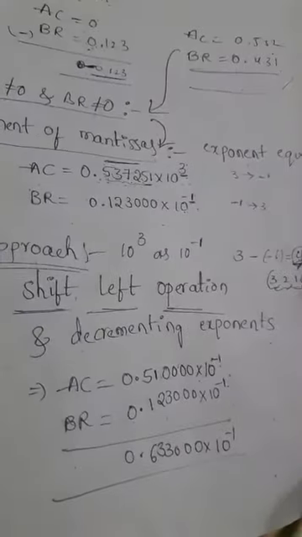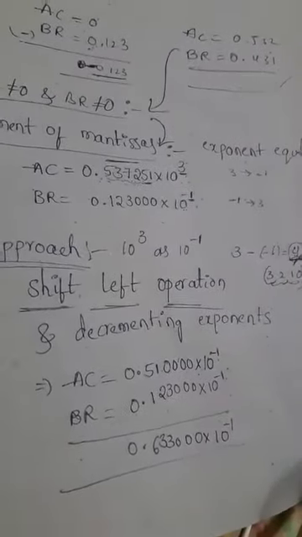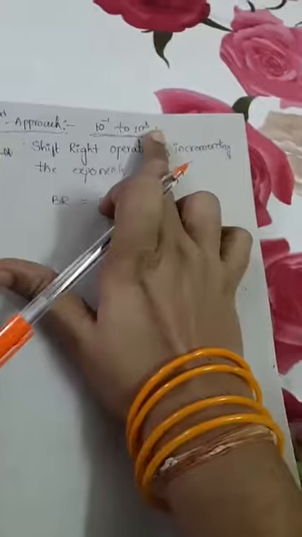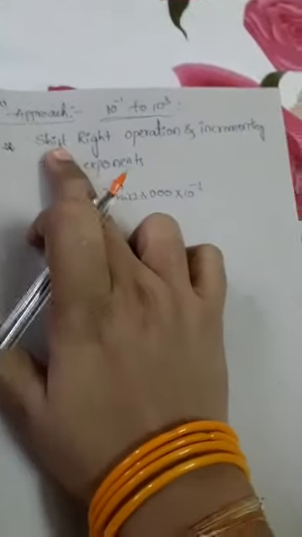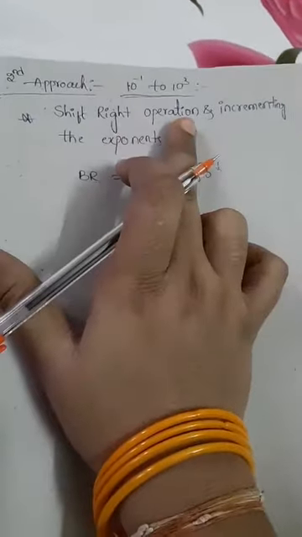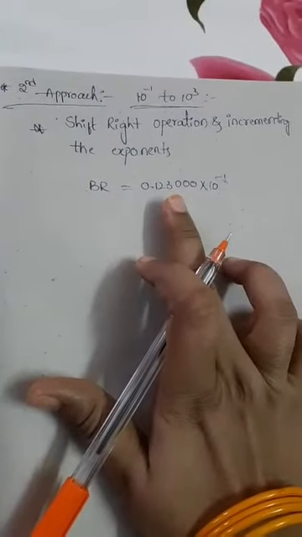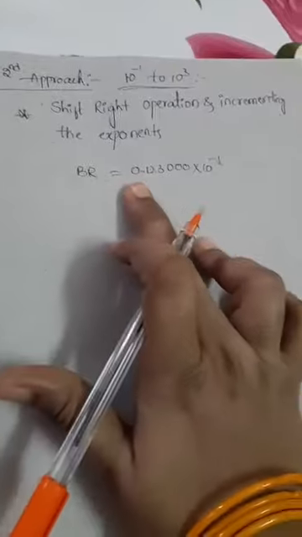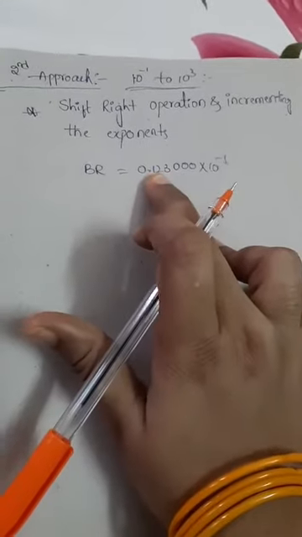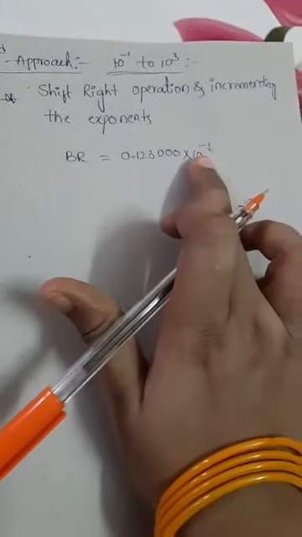So the second number, Br is equal to 0.12300 into 10 power minus 1. Now this 10 power minus 1 is converted to 10 power 3. For that we take the shift right operation, the zeros will be appended to the left side of the original information and also we increment the exponents.